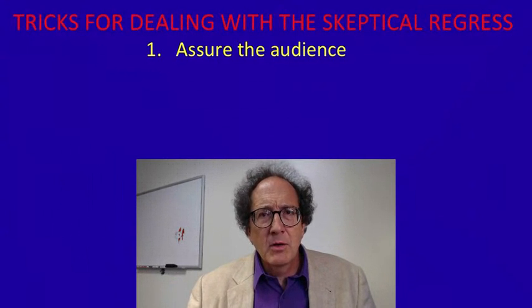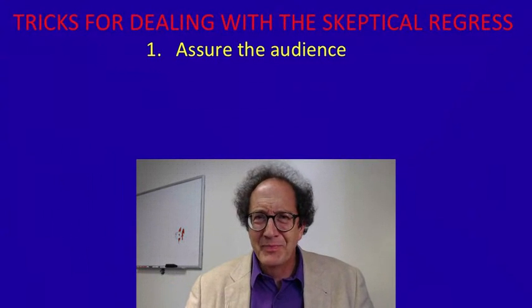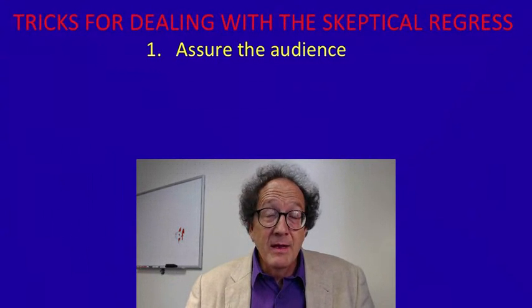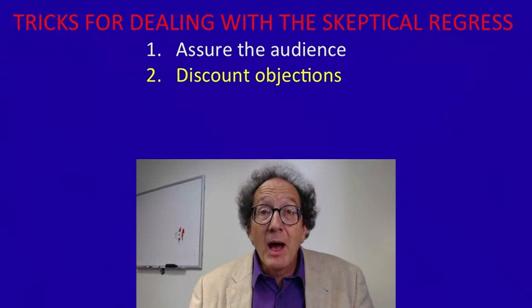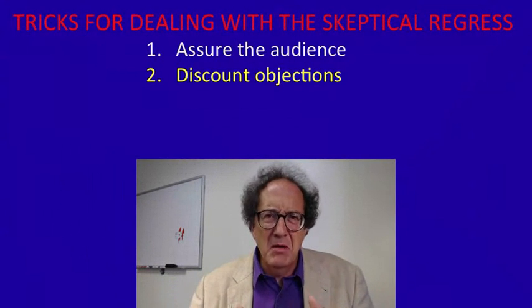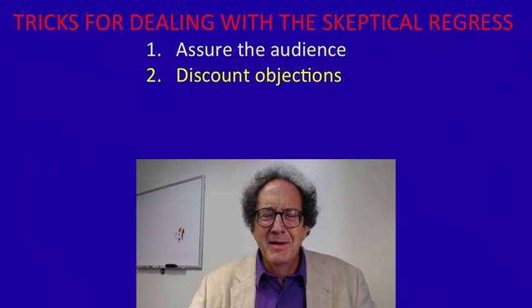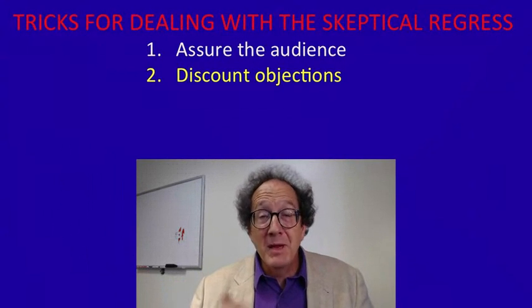But suppose that someone is going to raise an objection. They say, well, Consumer Reports has been wrong before. They might be wrong this time. Well, then I need to discount that objection. I need to respond to it and say, well, maybe they have been wrong sometimes, but this time, they've got a good study and it was careful or whatever. And the "but" means I'm discounting the objection that you have raised.